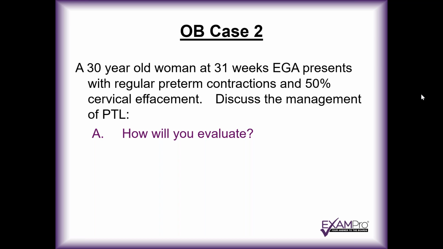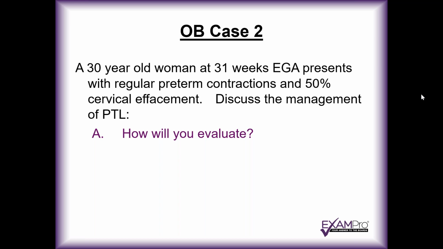Is there anything else important that you might want to determine that you haven't actually mentioned yet that we would check for here? So she came in, we don't know anything about her history. Again, a lot of this is undefined. They don't tell you anything about the exam aside from 50% effacement. Anything else that could be going along with preterm labor that maybe is why she's having preterm labor? Oh goodness, yeah. It's always the obvious stuff that you forget to verbalize. It is.